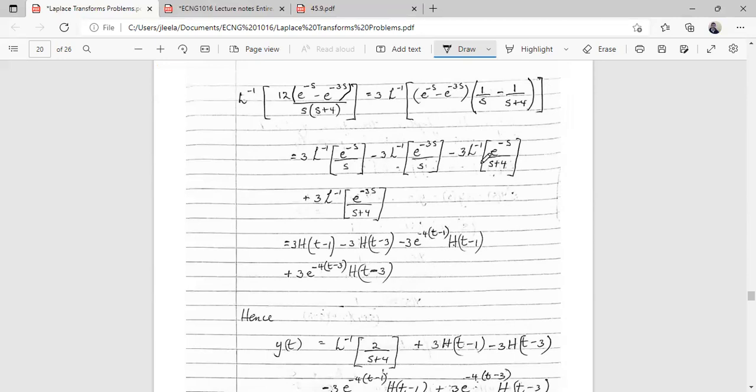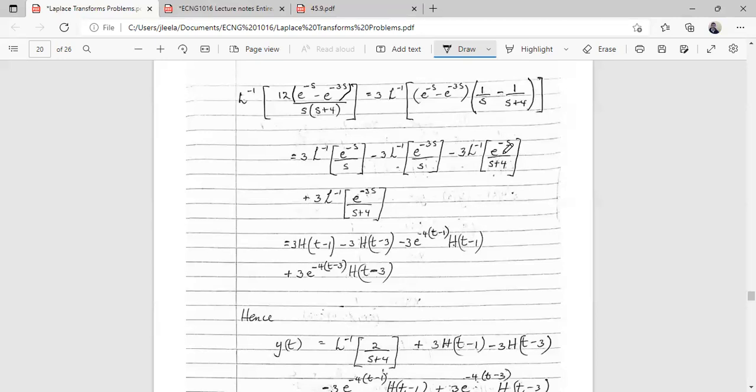Right, so when we deal with each one of these individually, it's much easier to see. So you have e to the minus s over s, the Laplace inverse of that is H(t minus 1), right? So you have your 3 on the outside, then the Laplace inverse of the other one is minus 3 times the Heaviside at t minus 3. And then the third one here, right? So this involves e to the minus t naught s, where your t naught is 1. And then you remember this part here, s plus 4. So you have to apply the shift here, right?